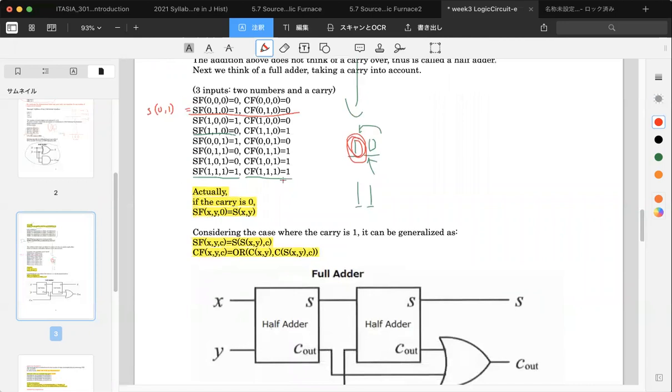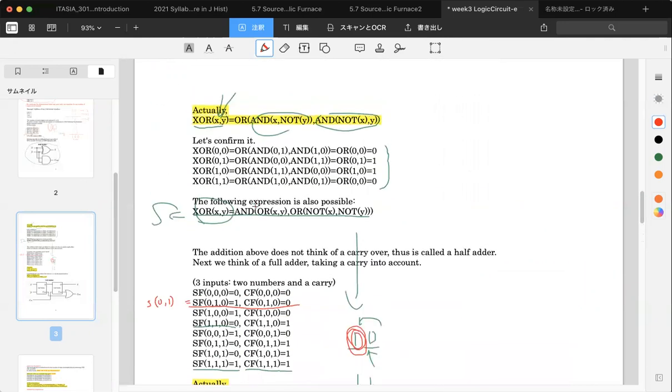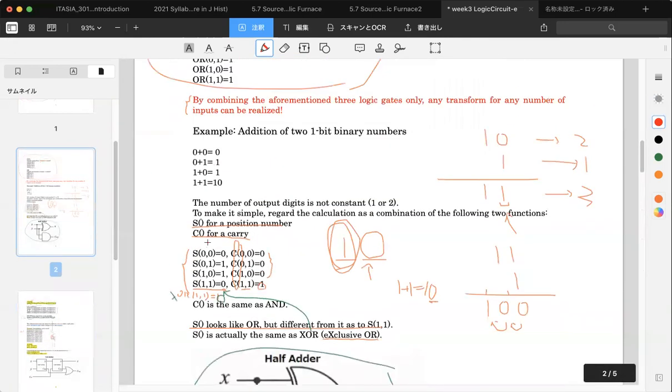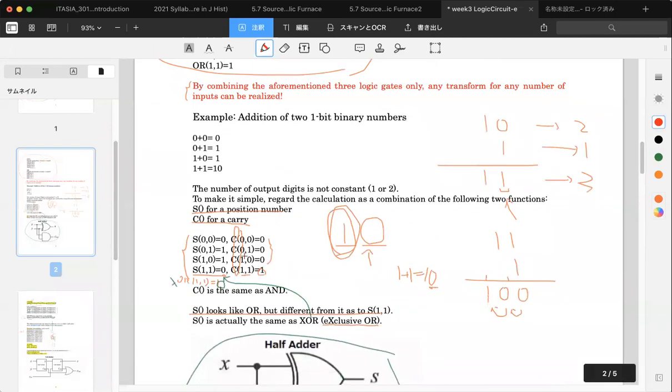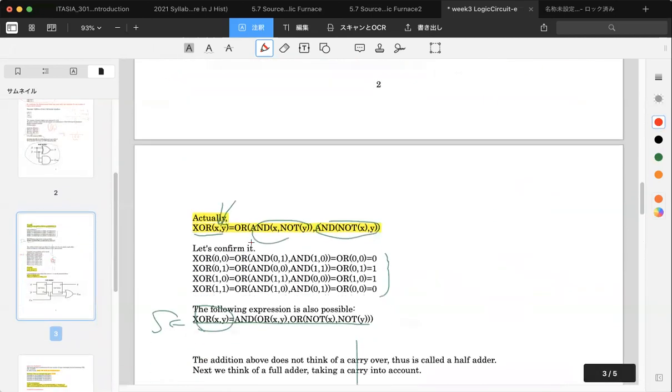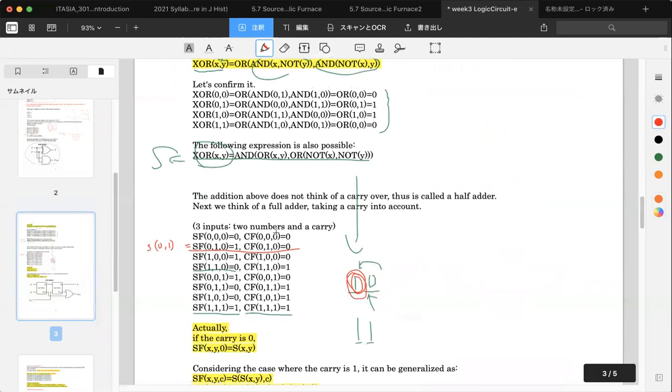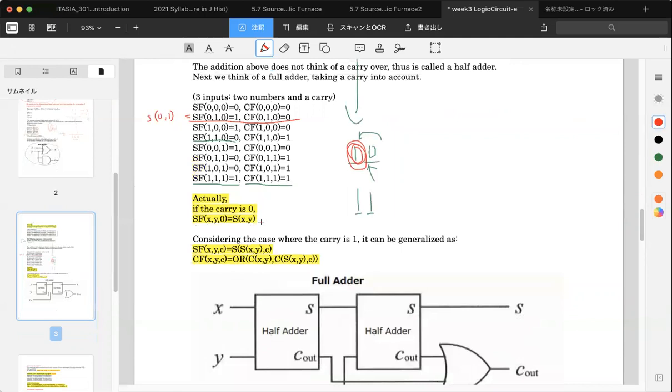But actually, this whole SF and CF system is not 100% the same as this SC system, because we now have 3 inputs instead of 2. So its logical expression will shift a little bit. In this writing system, we differentiate two cases.